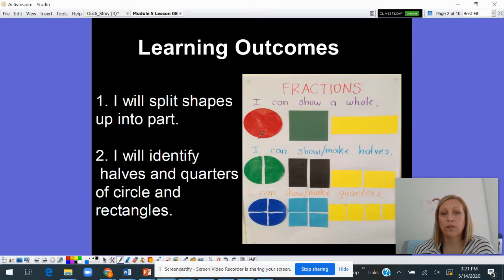The red circle is a whole, the green square is a whole, and the yellow rectangle is a whole. The other thing that you're going to be able to do today is I can show and make halves. The third thing, I can show and make quarters. So we'll go ahead and discuss what we're going to be doing now.